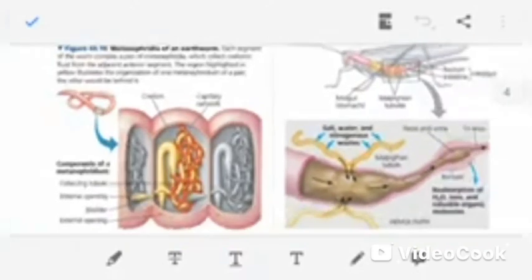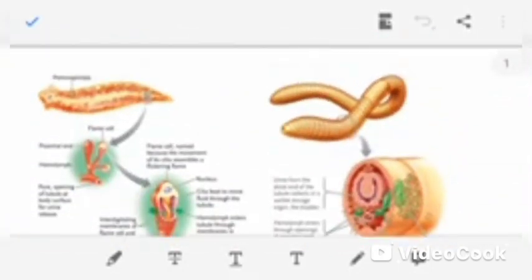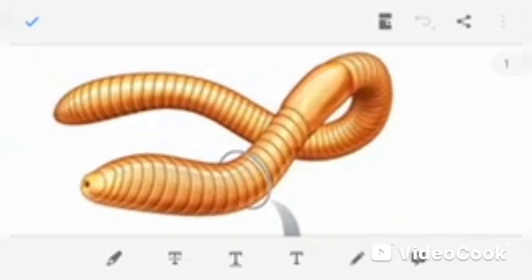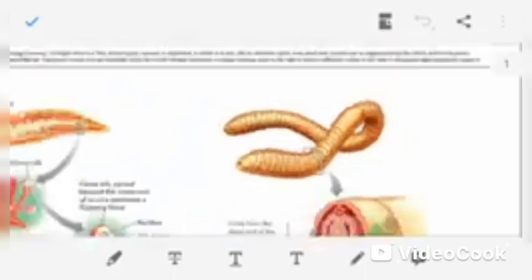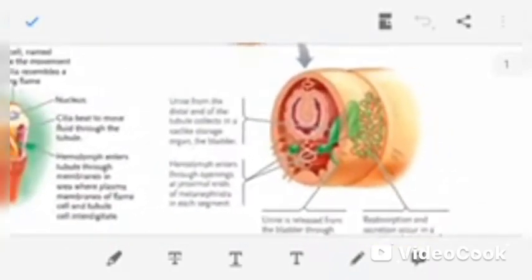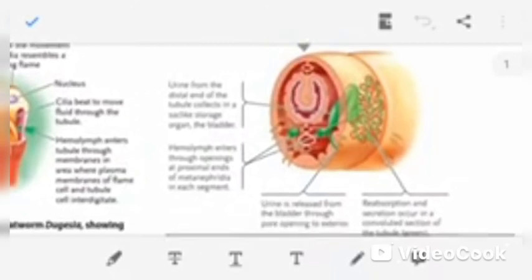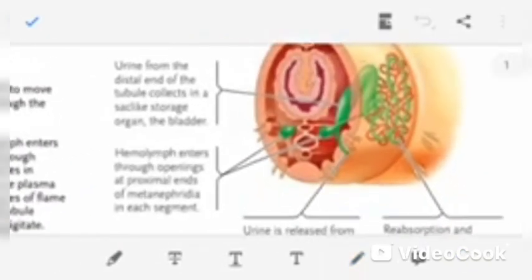Now, one more figure I would like to show you. Here you can see all the segments of the earthworm, and here they have shown one segment, and in this one segment, the green colored part is the metanephridia.